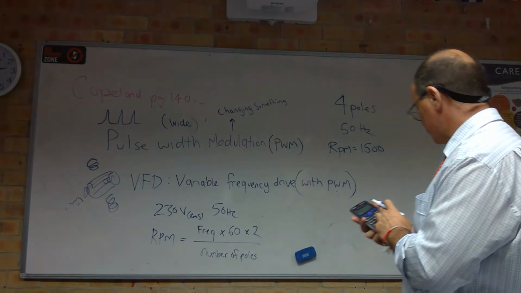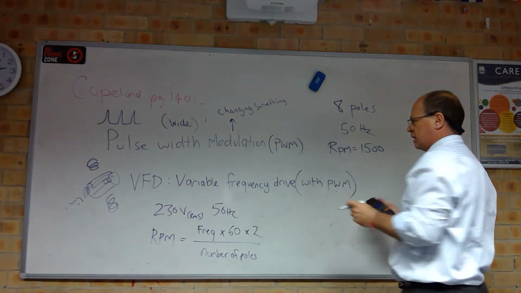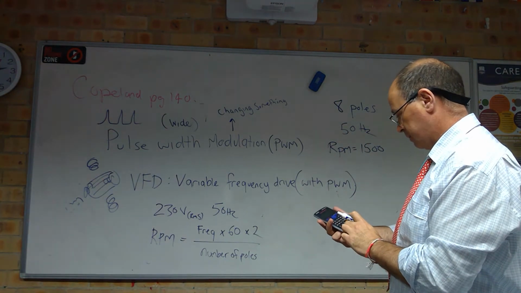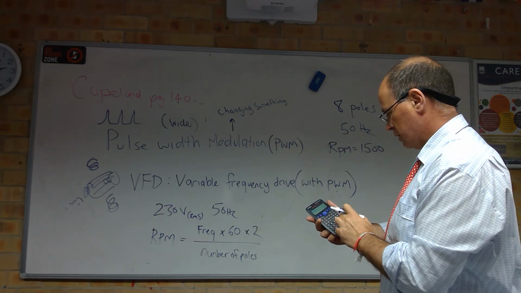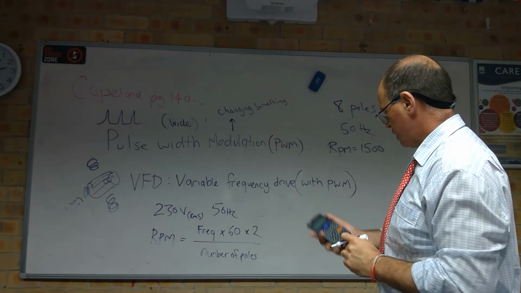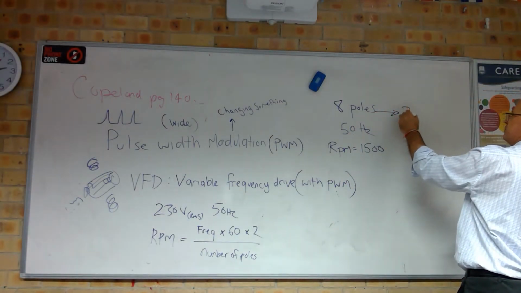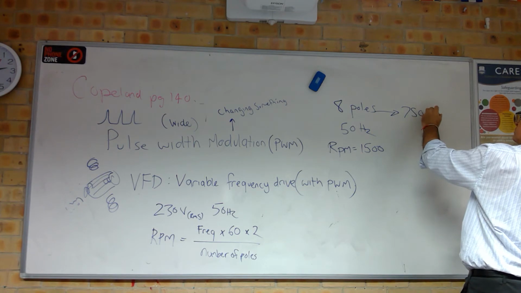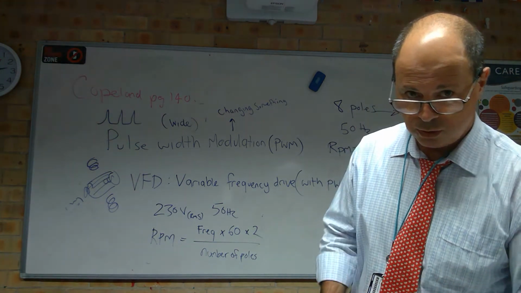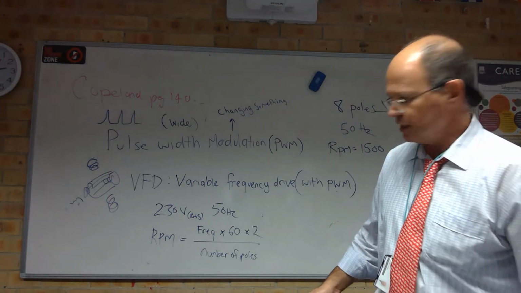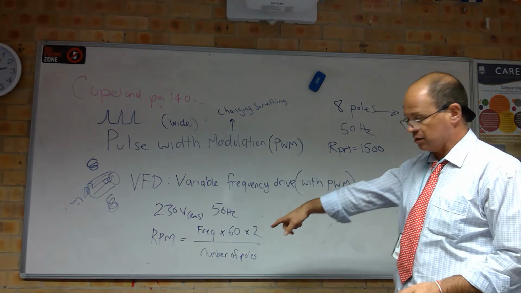If we decided to make it an 8-pole motor, we would say 50 by 60 by 2 divided by 8 would be 750 revs per minute. So that's how you change your speed. One way of changing your speed with an AC motor is either construct it with more or less poles or change the frequency.